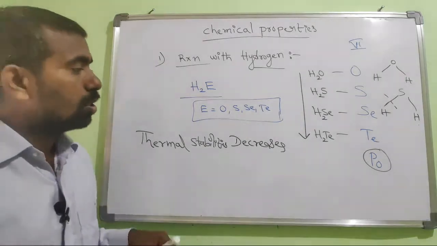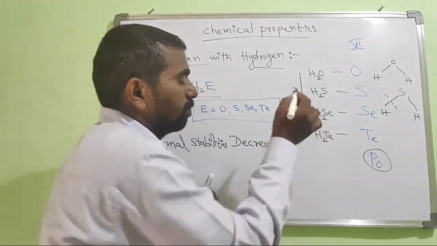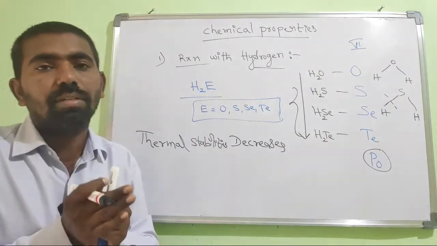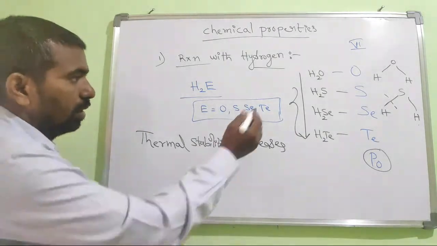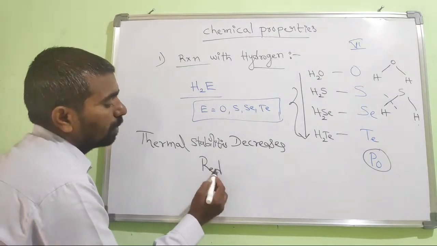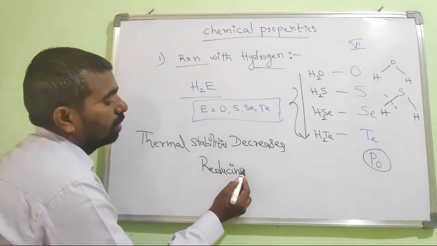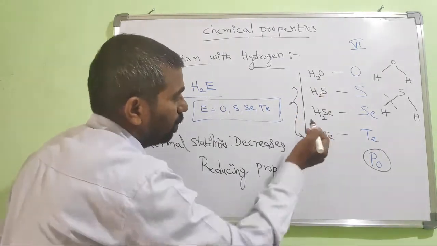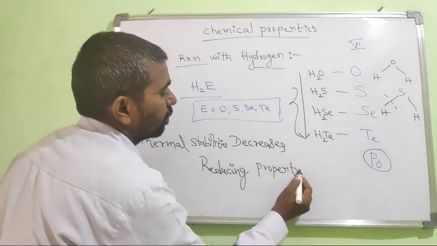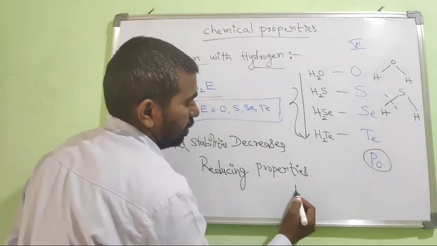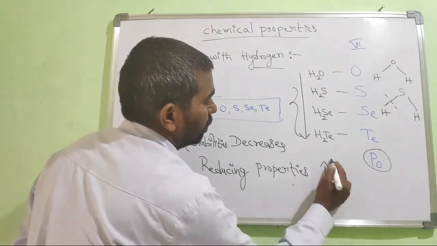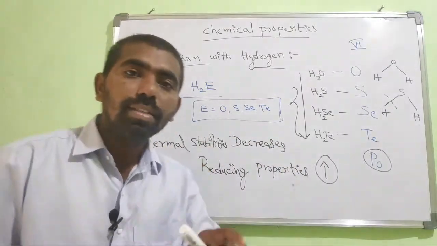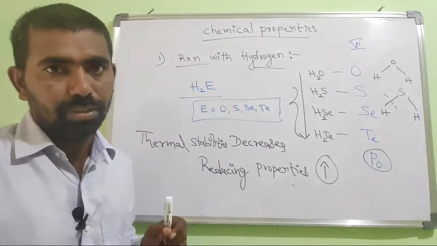And due to this decrease in bond dissociation enthalpies, reducing properties from H2S to H2Te increase.